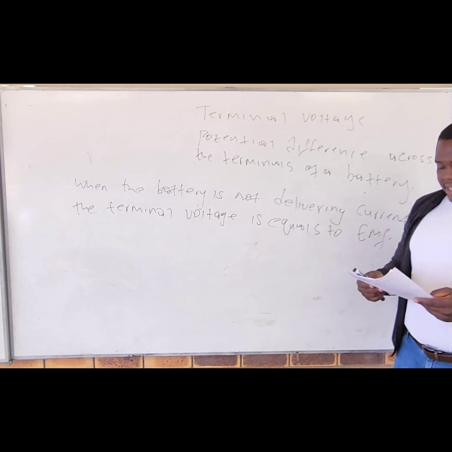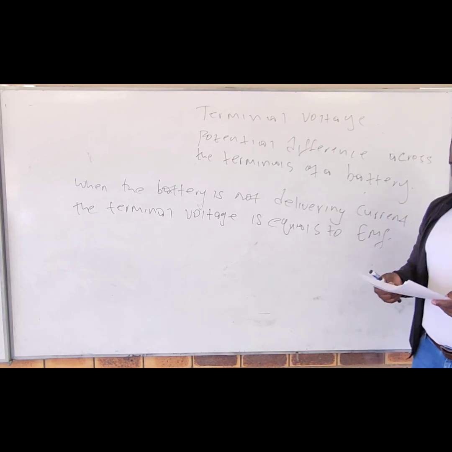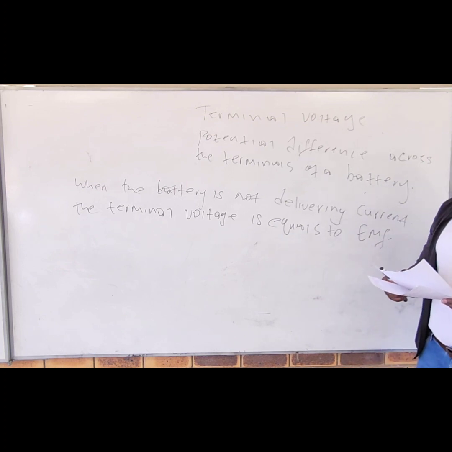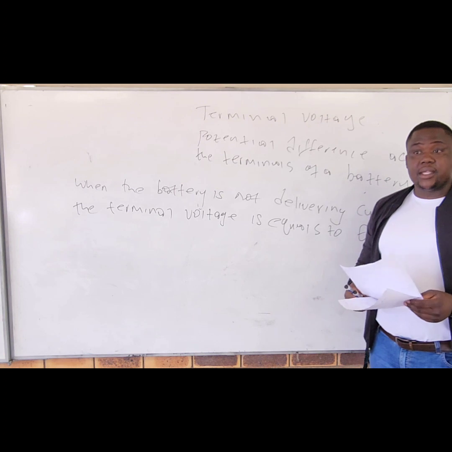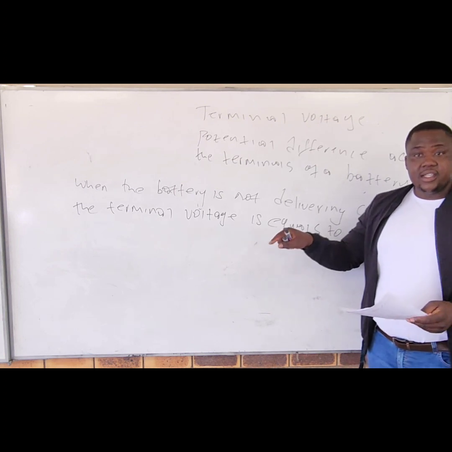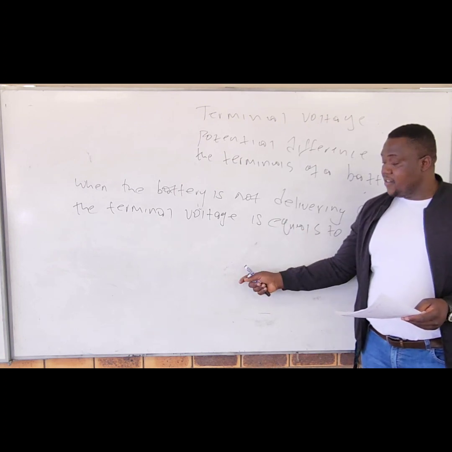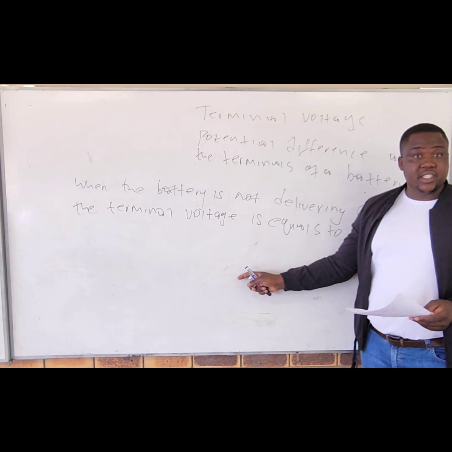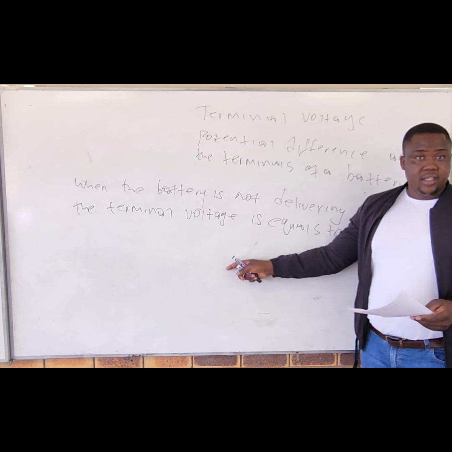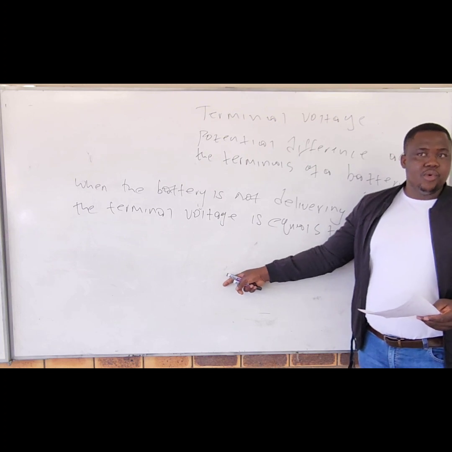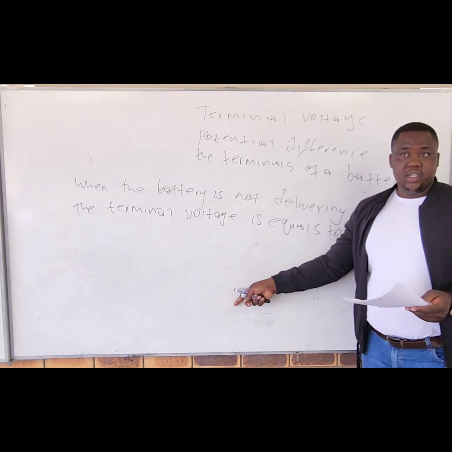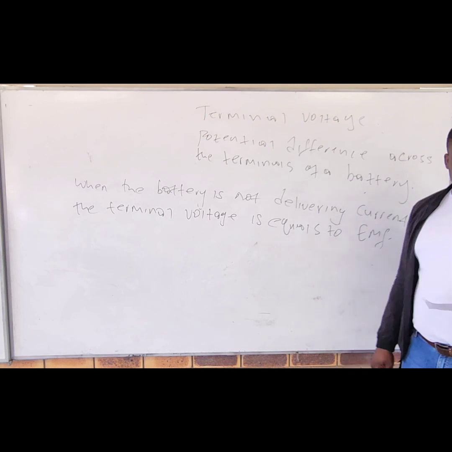Because of the internal resistance, the battery does work to move charges. You know that the battery does work to move charges. That's what we explained in the first session when we were talking about the potential difference, right? That the potential difference is the work done to move charges from one point to another. You remember, right?